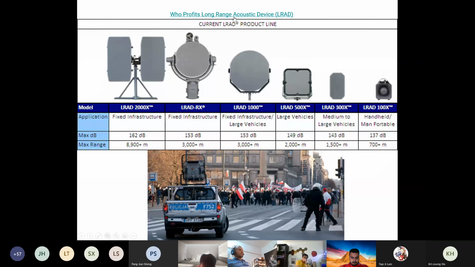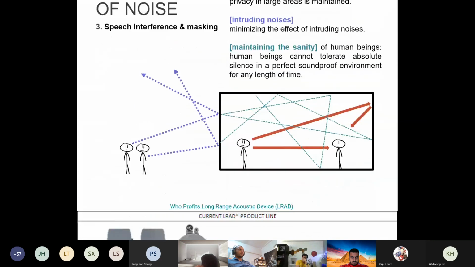We call them long-range acoustic devices, LRAD. There are different models which can create from 137 decibels up to 162 decibels. Remember, this kind of device can make you lose your hearing.